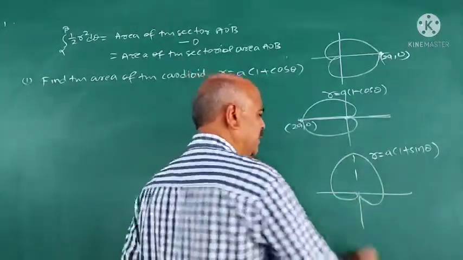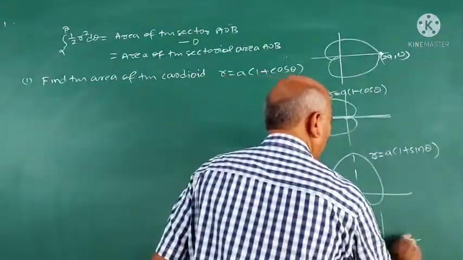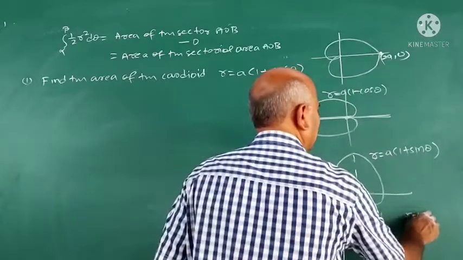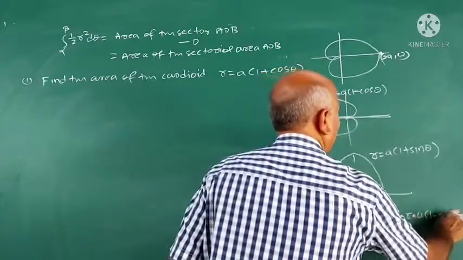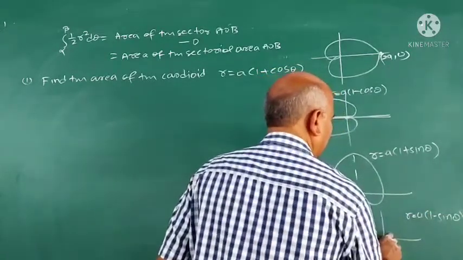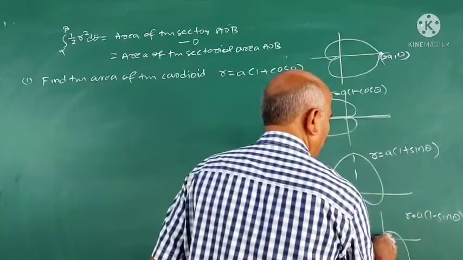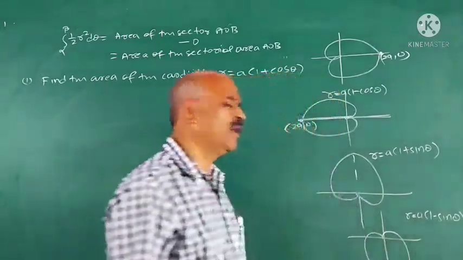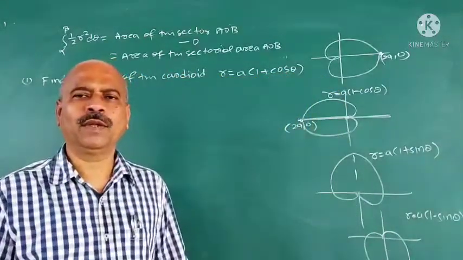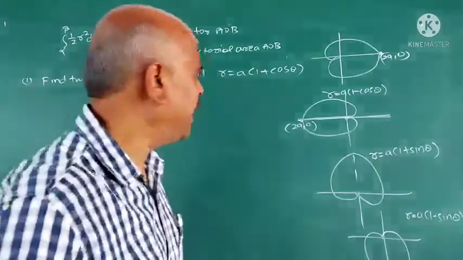And exactly the reverse case, the fourth one, is r = a(1 − sin θ). This is the curve. So there are four cardioids.